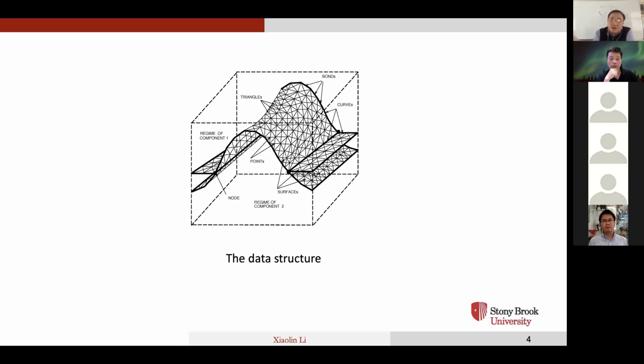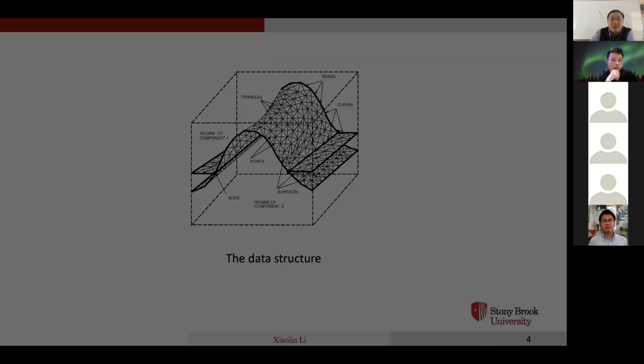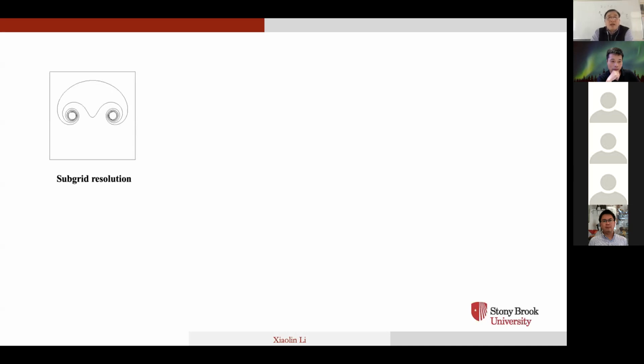We have curves, surfaces, nodes, bonds, triangles, and so on. What I would like to demonstrate to you are some of the benchmark problems that we used to show the capability of the front tracking method.